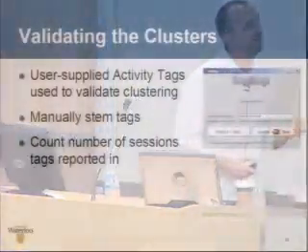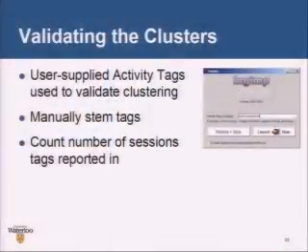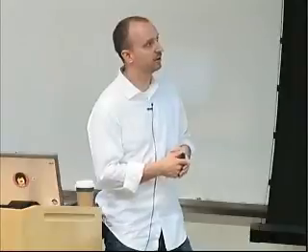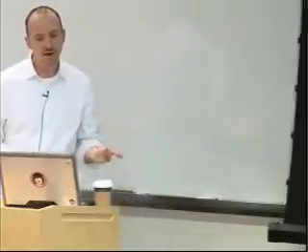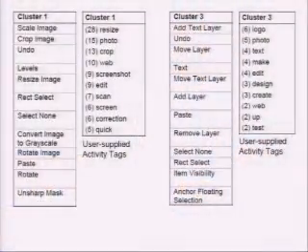So we want to be able to validate these clusters to assure ourselves that it's actually a reasonable technique. And this is where the activity tags come back in and are critical. We take the activity tags that people entered to describe how they're going to use the software. We stemmed them, and then we counted the number of sessions the tags were reported in for each of the clusters.